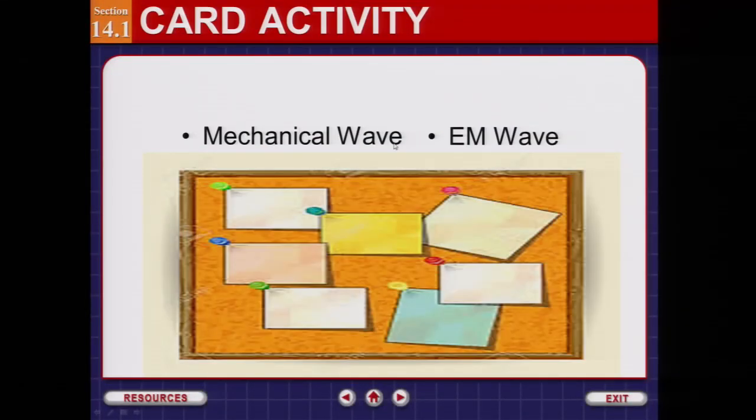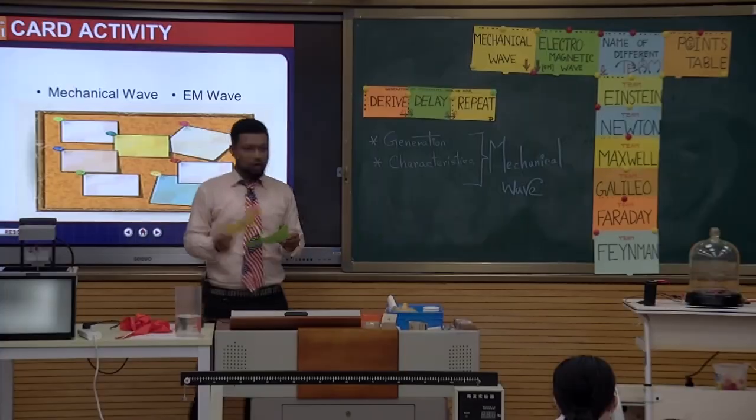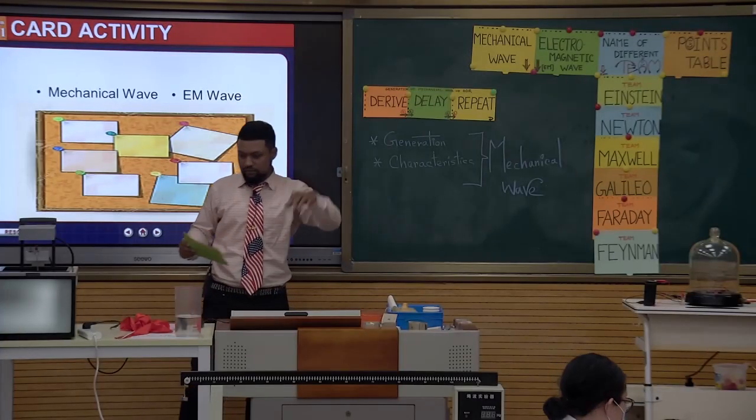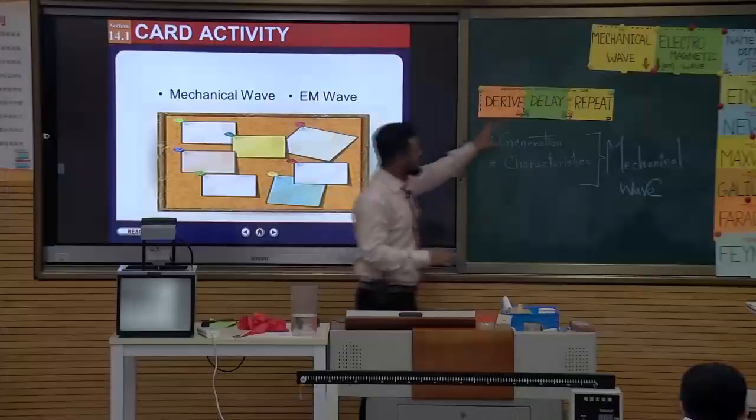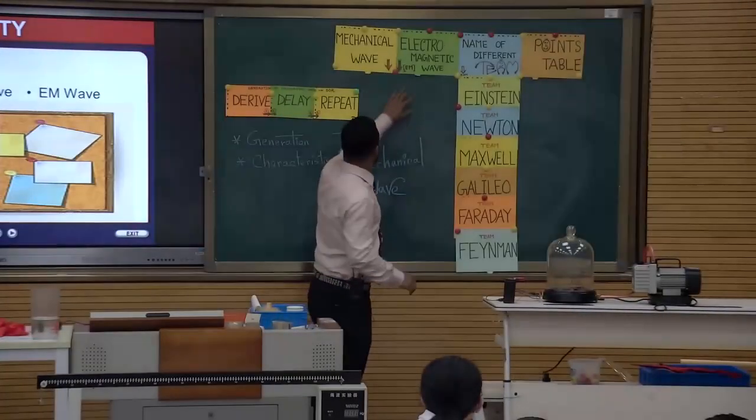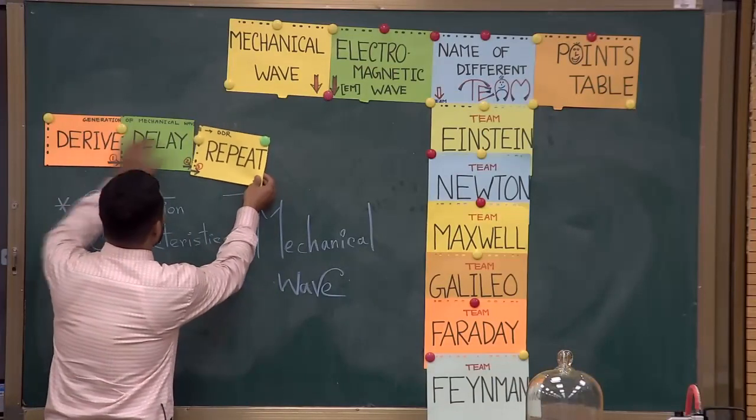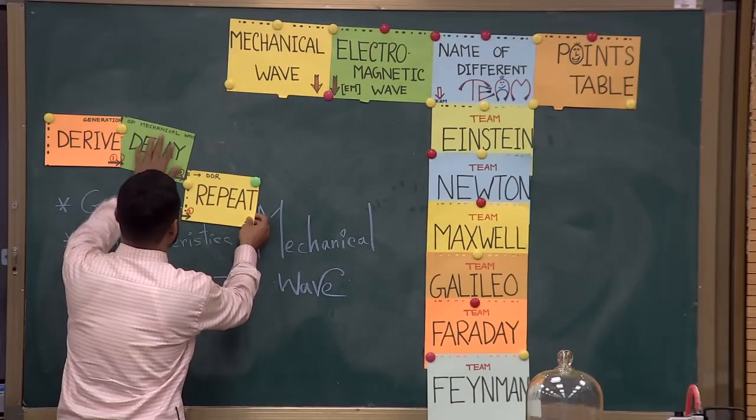Another card activity. I have given you the card, right? Can you see that? I've given this type of card to all the groups. I'll give you some time, just discuss among yourselves whether your card is a mechanical wave or an electromagnetic wave, which one? Then you need to come to the board and stick it over here.